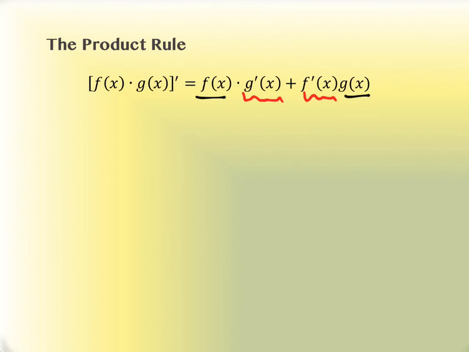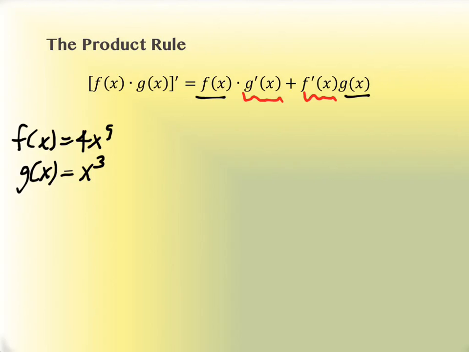Let me do the example I gave before to show you that it really does work, since I showed you it didn't work with the other supposed rule we'd like to have had. If my f of x is 4x to the 9th and my g of x is x cubed, did I get those right? Good.